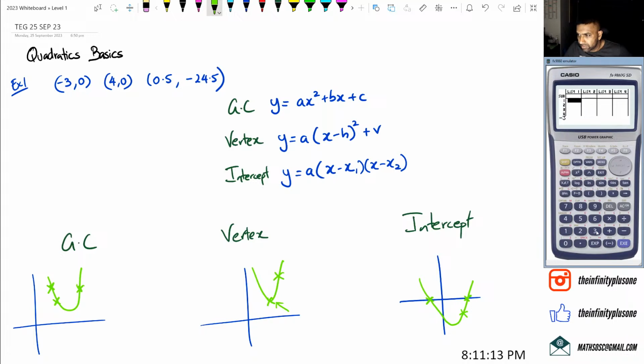So we have -3, then 4, then 0.5. And then the corresponding Y values, which are 0, 0, and 24.5. Once we put in these 3 values, it is simply clicking a few buttons, guys, and it's going to spit out your equation.